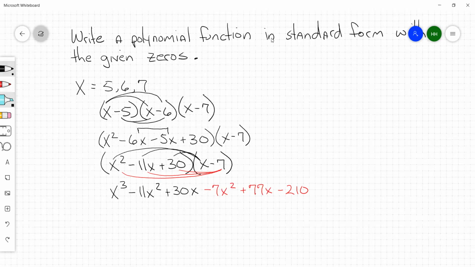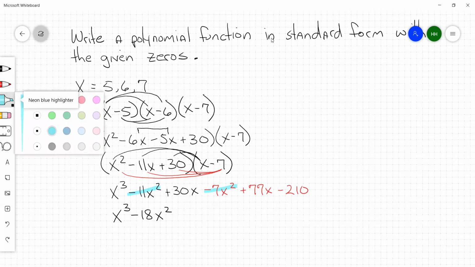So you got your x to the third, and there's nothing else to the third, so there's nothing to combine it with. And then here's your squareds. You got this -11x squared and the -7x squared. Your -11 and your -7, that's a -18x squared.